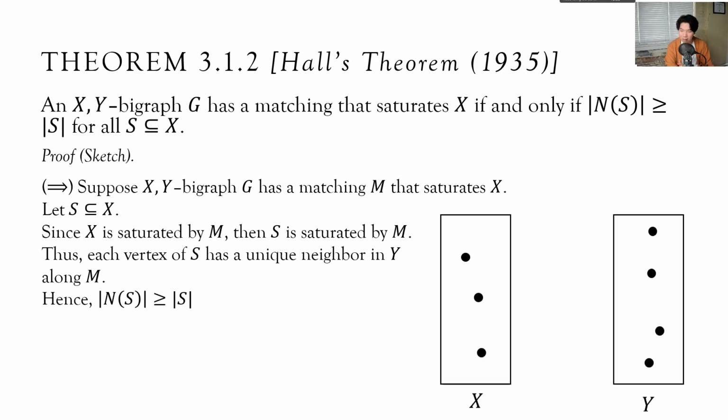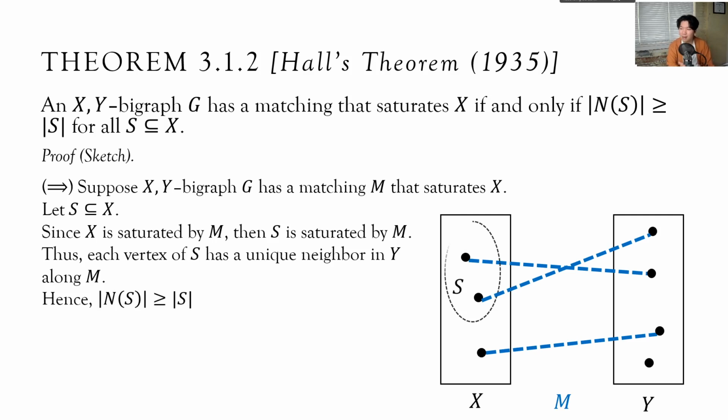Here I have just an arbitrary X,Y-bigraph, and I have a matching such that all of the vertices of X are saturated by M. This means that each vertex of X has an edge incident to it from M. So if S is some arbitrary subset, such as what I've drawn here, then it has to be saturated by M, and each vertex of S has a unique neighbor in Y by following M. It could have more neighbors, but we know that there's at least one neighbor overall.